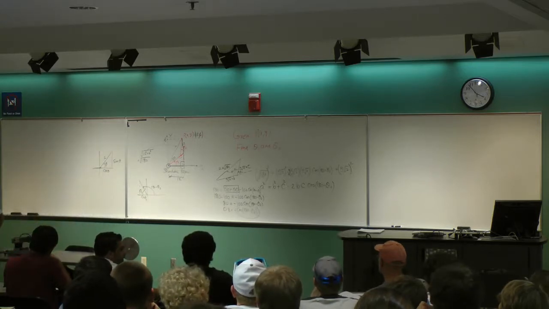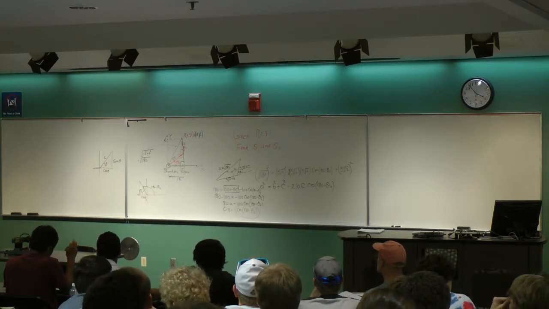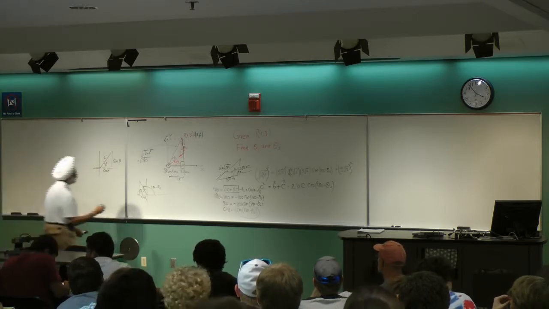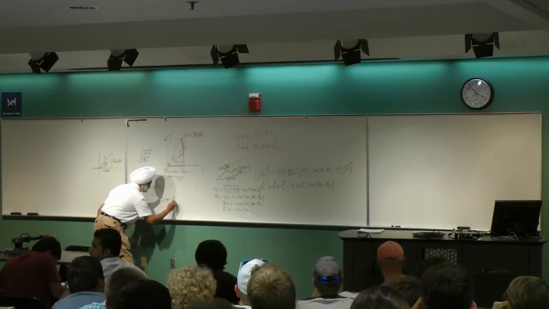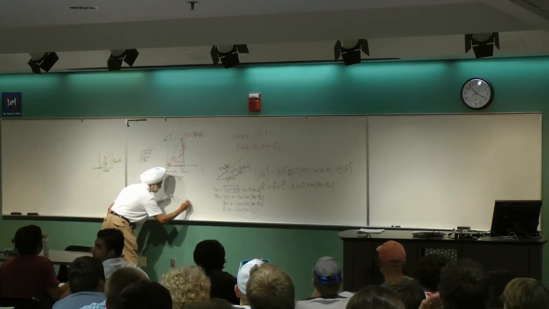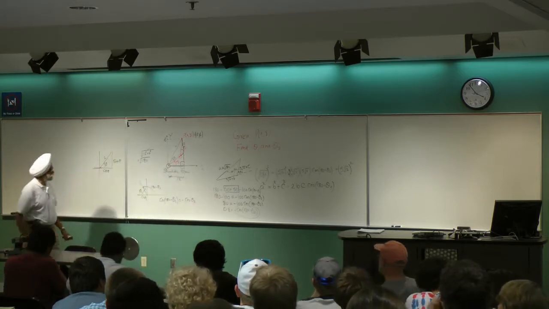So it's in the negative direction. Can I say that cosine of 180 minus theta 2 is equal to minus cosine of theta 2, because it's in the negative direction?